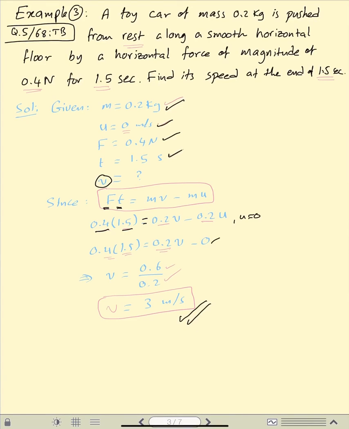This is the velocity or the speed of the particle or the toy car at the end of 1.5 seconds.